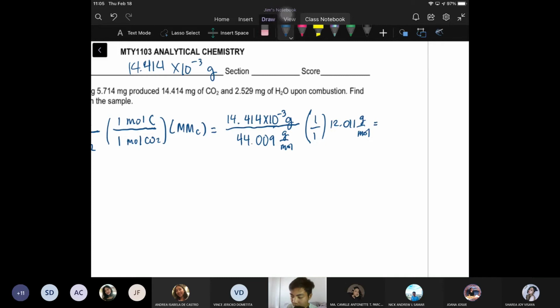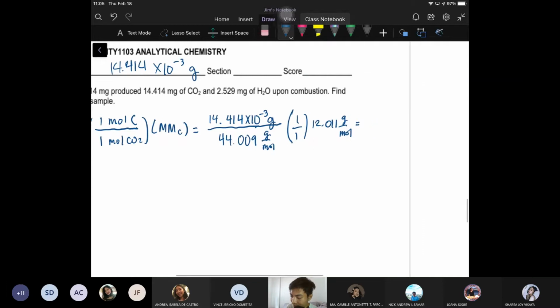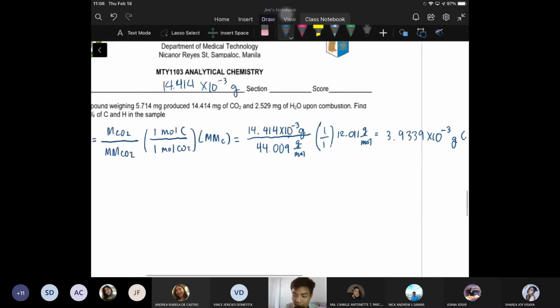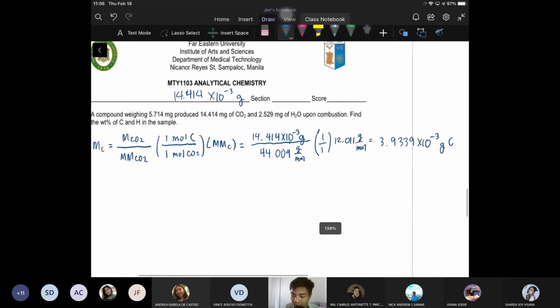Nakakalimutan ko yung times 10 raised to negative 3. So, this will be the mass of our carbon. 4 decimal places na natin, kasi common yung 4 decimal places sa gravimetry. So that will be 3.9339 times 10 raised to negative 3 grams carbon. So yan, we have the grams of carbon already.